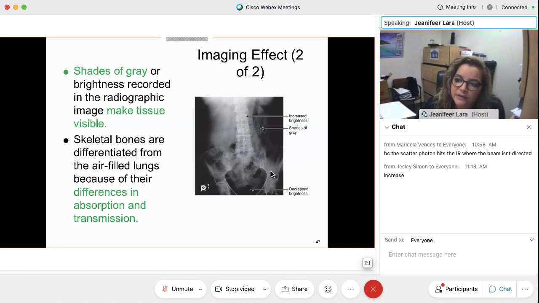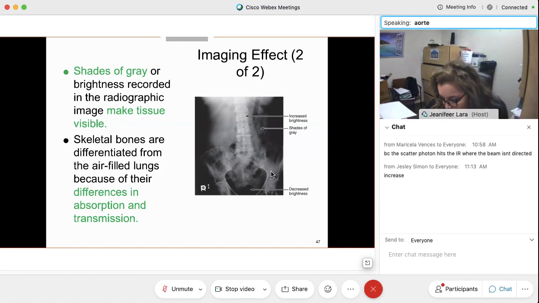What kind of organs would absorb X-rays in a similar fashion in the abdomen? Liver, the stomach. Stomach and the small intestines. Waiting for some responses.